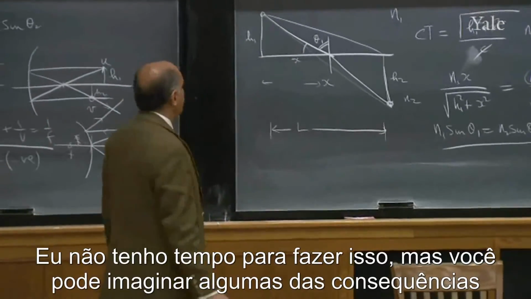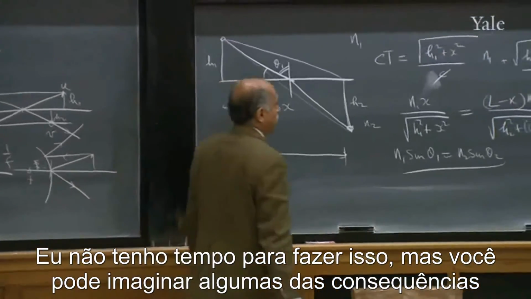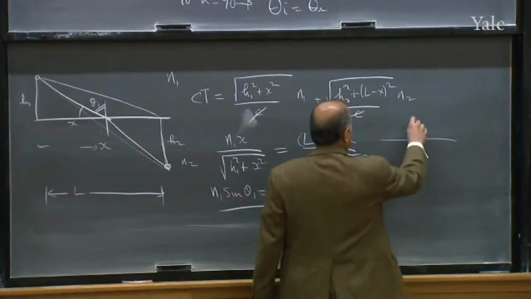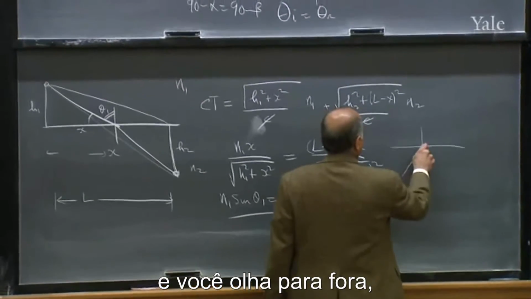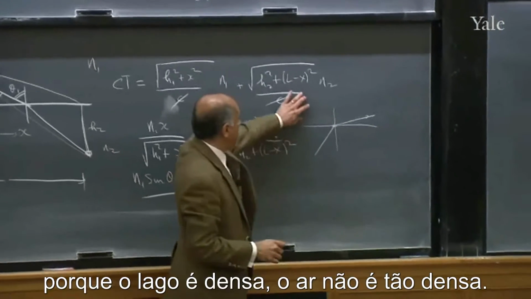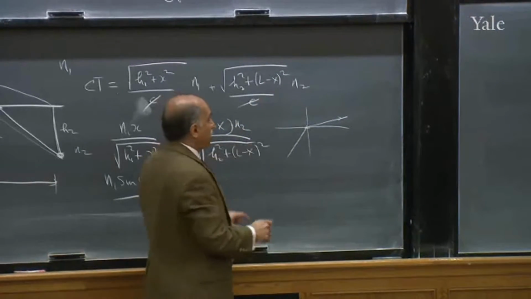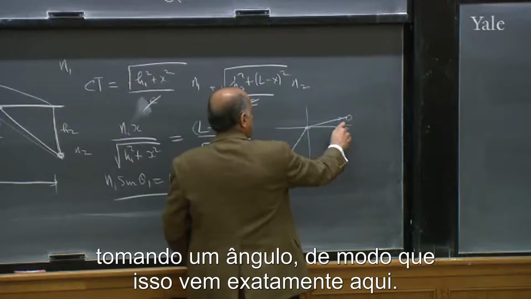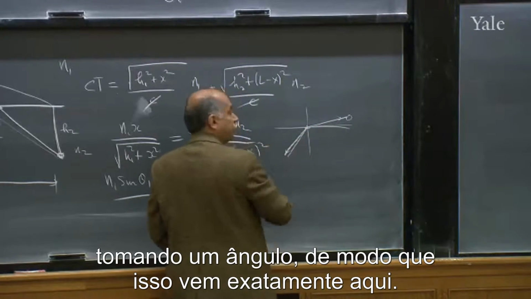So I don't have time to do it, but you can imagine some of the consequences. If you're at the bottom of a lake and you look outside, the light rays go like that because the lake is dense, air is not so dense. That means you can see stuff right up to the horizon by taking an angle so that this comes exactly here.